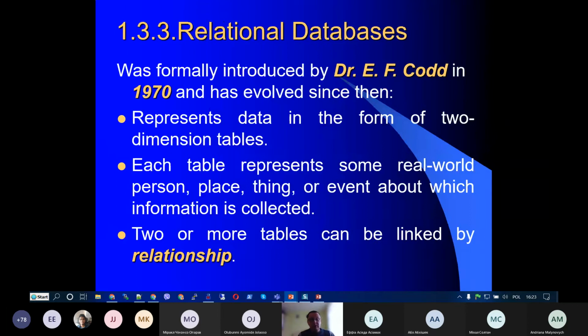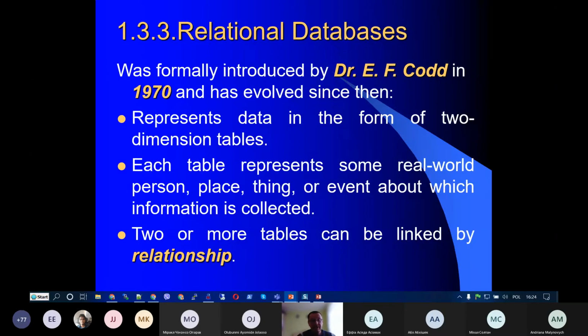So now moving to the relational database, which was born about 50 years ago as a scientific project by Dr. Codd, and still remains one of the most popular and widely used within most commercial applications. The major feature is the representation of data in the form of two-dimensional tables.